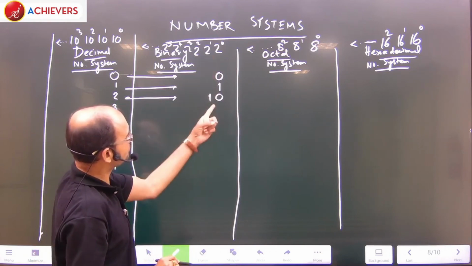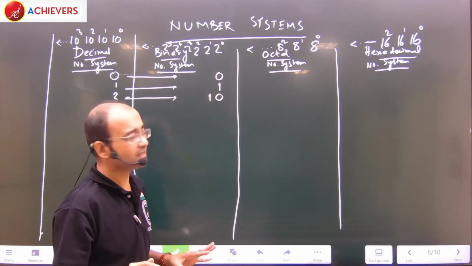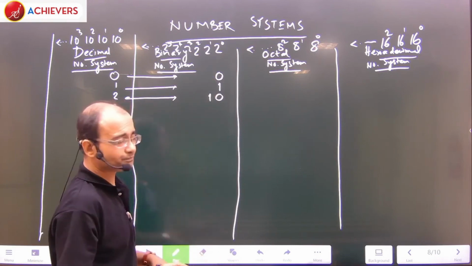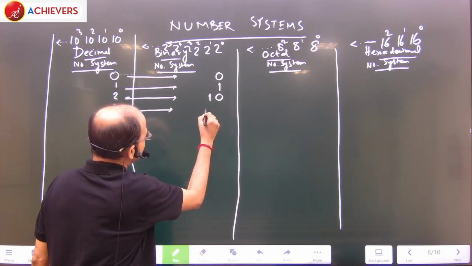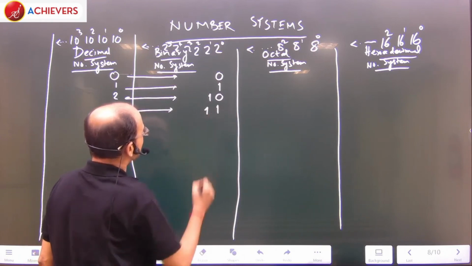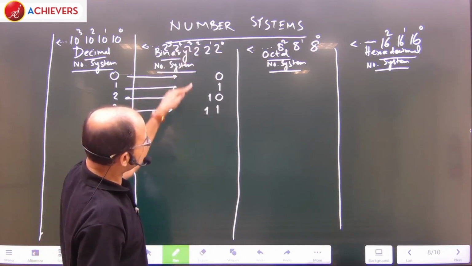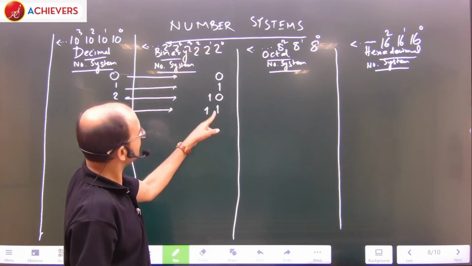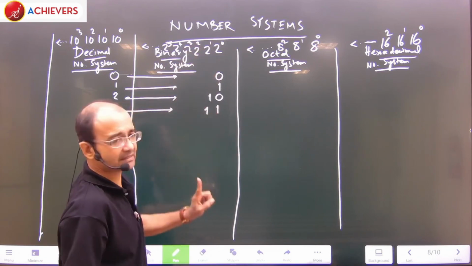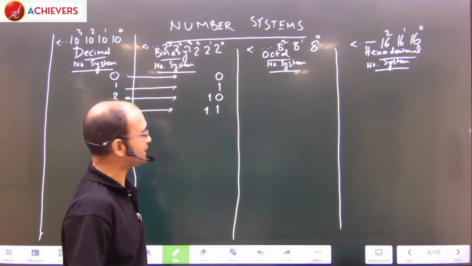Under 2 to the power 0 we won't be having any digit, so simply it defines 2. 3 is represented as 1 and 1. Why? Under 2 to the power 1 we have 1, and under 2 to the power 0 we have 1. So 2 plus 1, that is 3. So 1, 1 represents 3 in this manner.